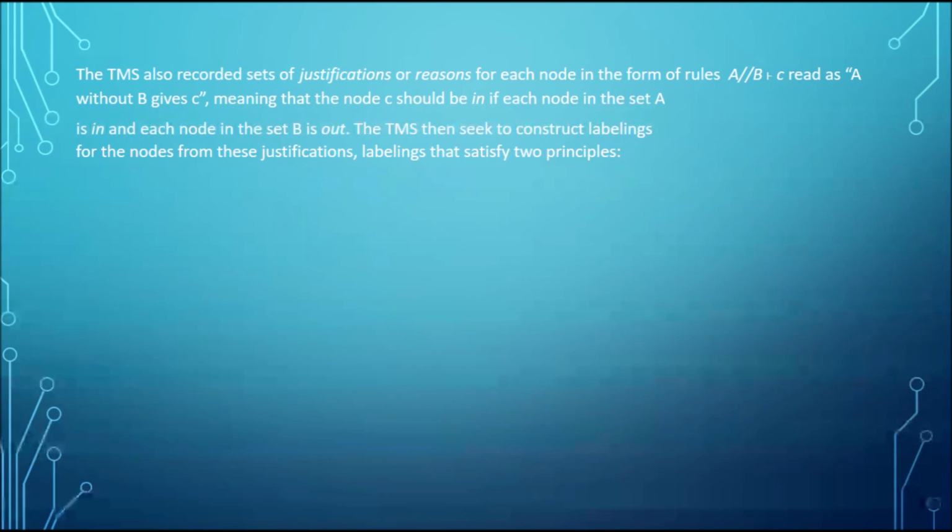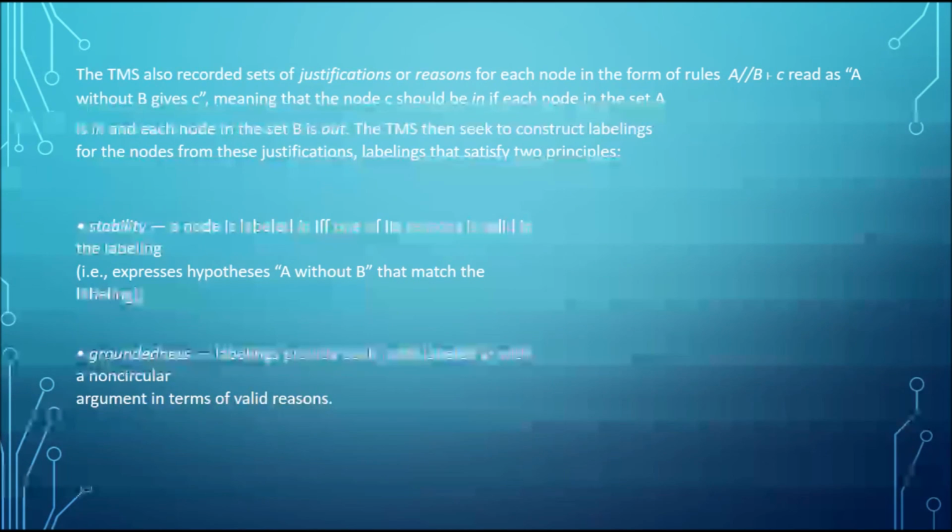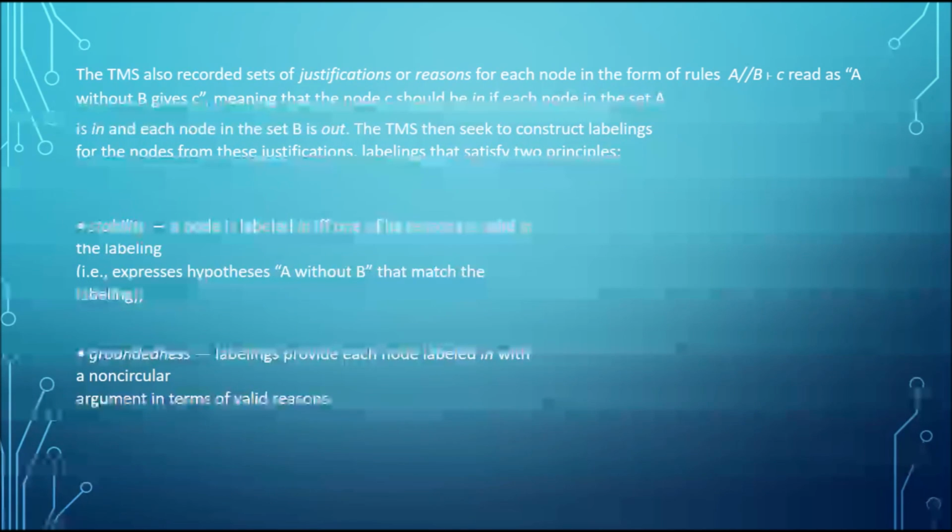The TMS then seeks to construct labelings for the nodes from this justification. Labelings that satisfy two principles. Stability. A node is labeled in if one of its reasons is valid in the labeling, expressed as hypothesis A without B that matches the labeling. Groundedness. A labeling provides each node labeled in with a non-circular argument in terms of valid reasons.